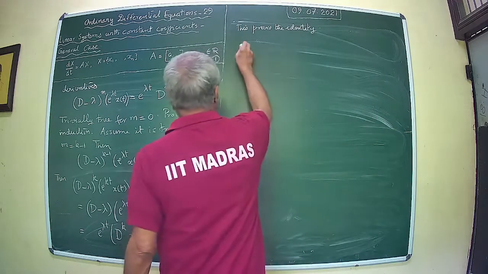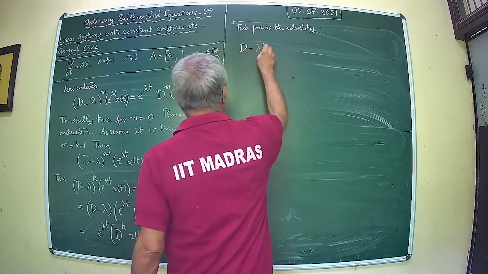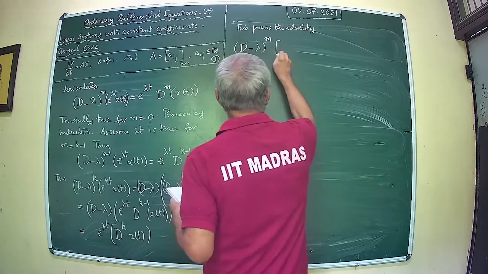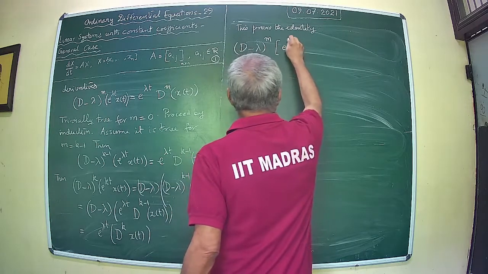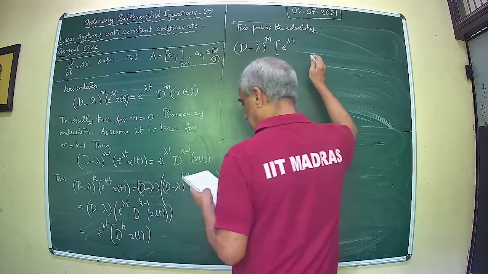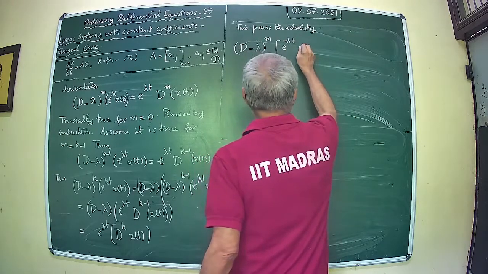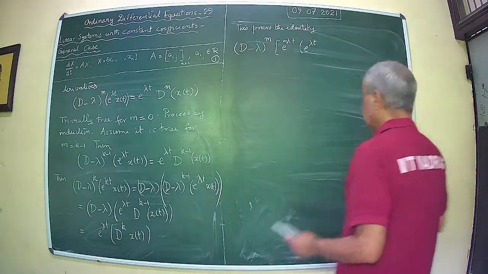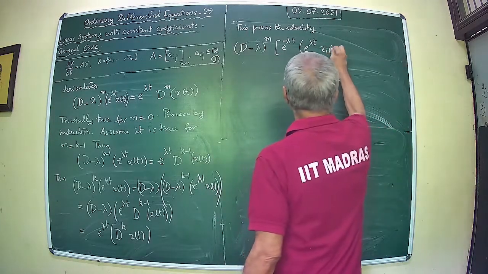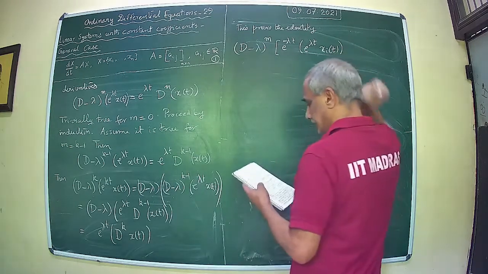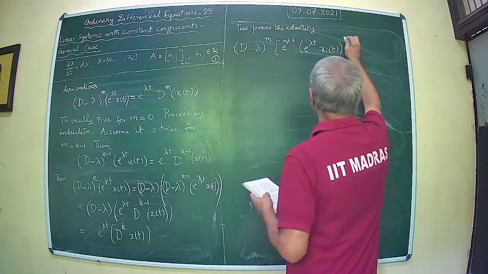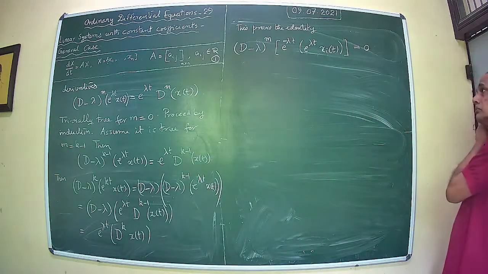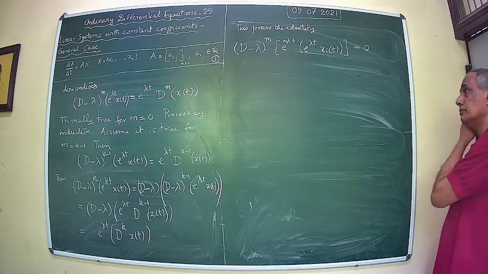So (D minus lambda) to the power m, we write this as e to the power lambda t, e to the power minus lambda t into e to the power lambda t x_i(t) equal to 0. Okay.